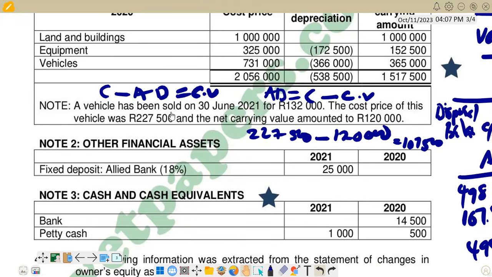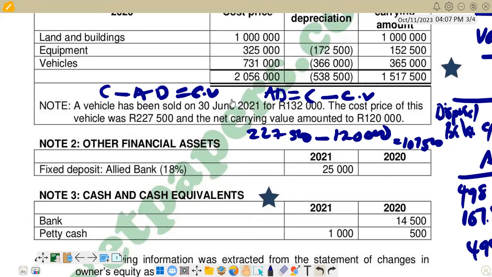So when you do that, 132,000, then we add 120,000, you get 252,000. So you see the credit side is the greater side, so it means the balance is on the debit.